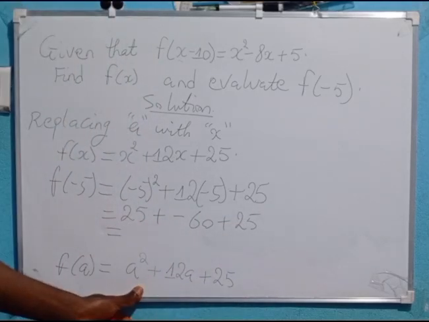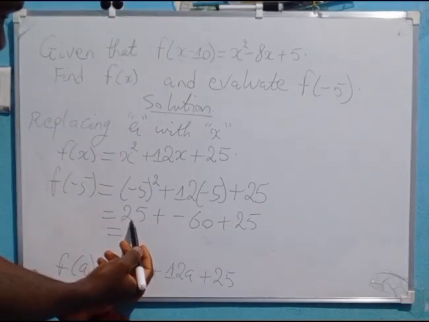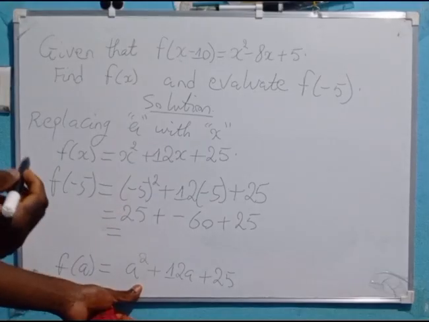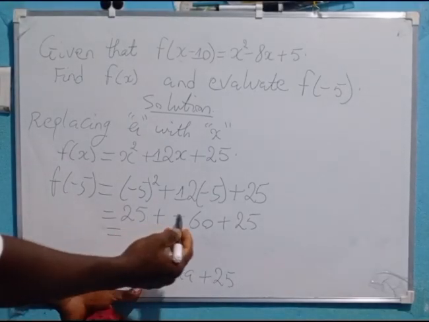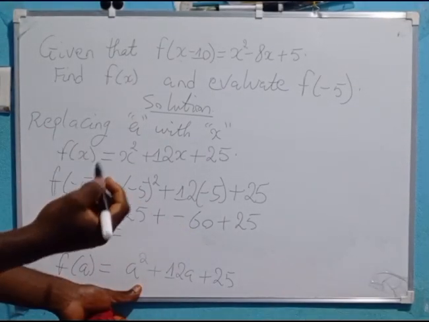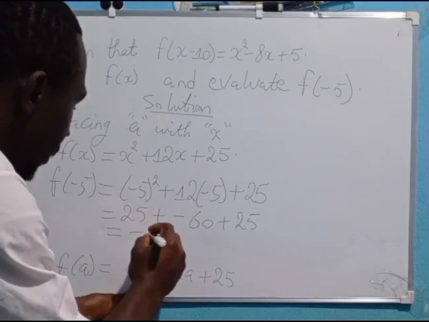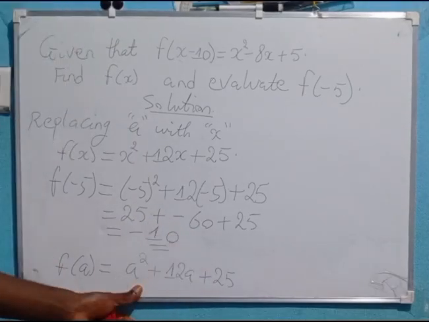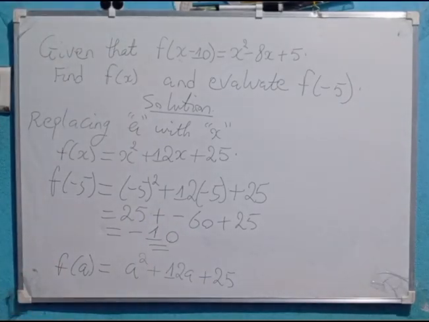This will be equal to 25 plus this 25 gives us 50. 50 plus negative 60 is the same as 50 minus 60, which gives us negative 10. Therefore, f of negative 5 will be equal to negative 10 for f of x equal to x squared plus 12x plus 25.